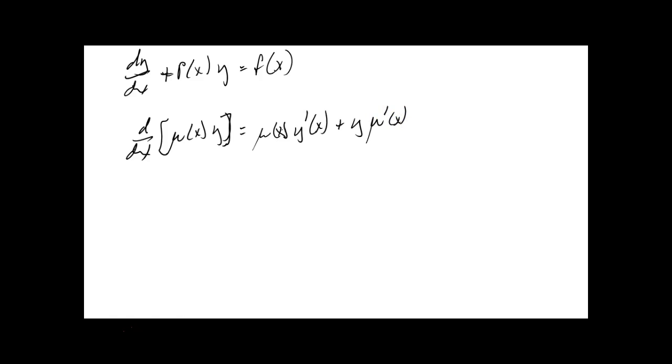Now, if you can do this, have this form right here, that's mu times the first term on the left-hand side, right? If the y times d mu/dx... this is going to look strange, but hang with me.